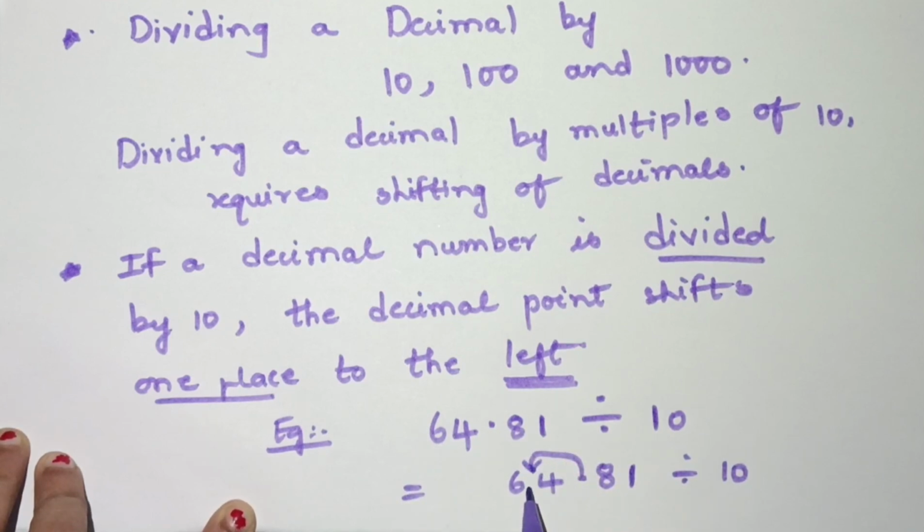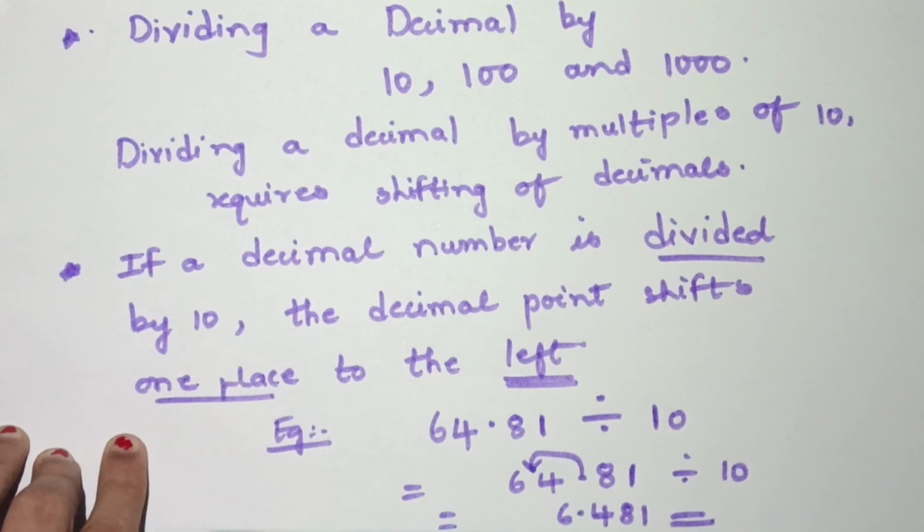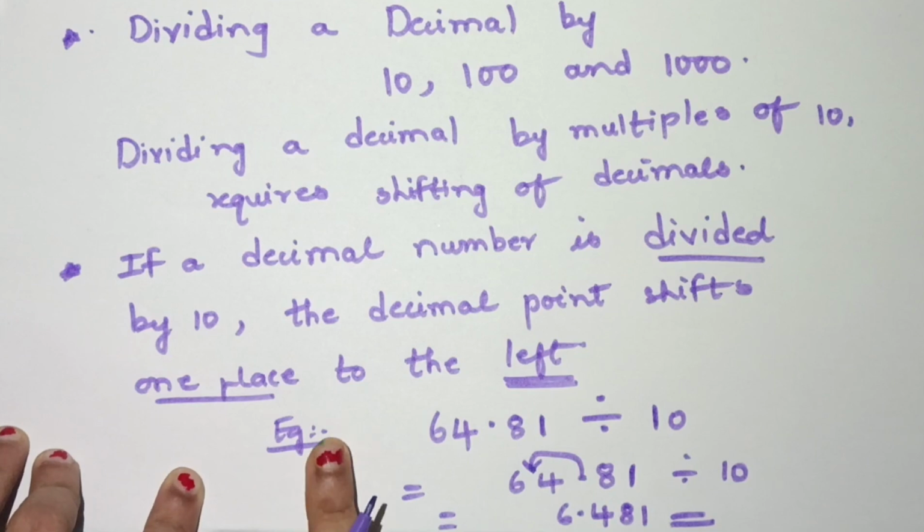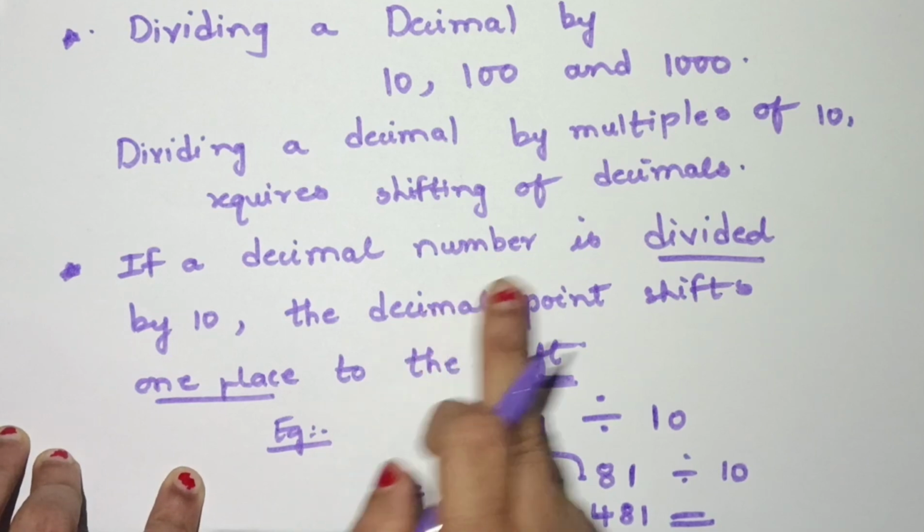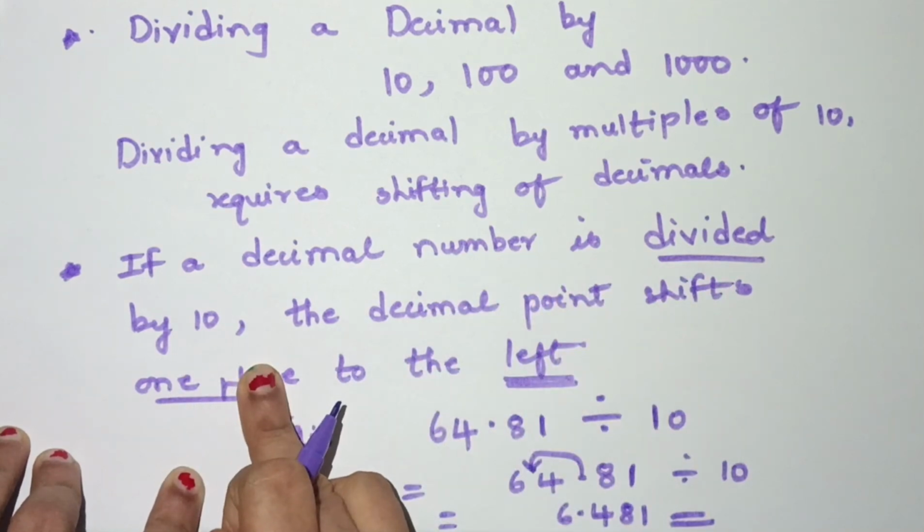It means the point will come in between 6 and 4. So your final answer is what? 6.481. Okay, so this was your first method, to find the decimal number when it is divided by 10.